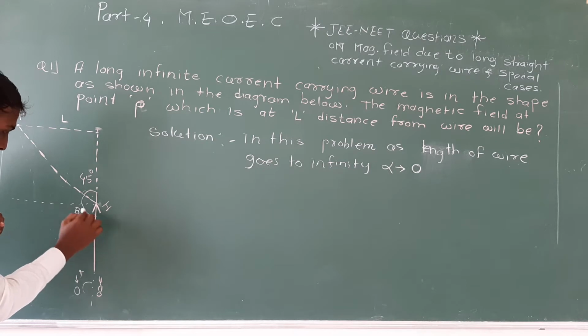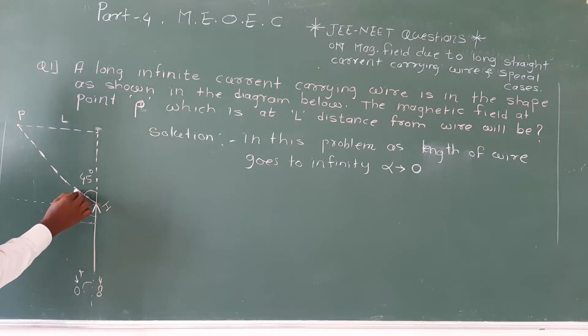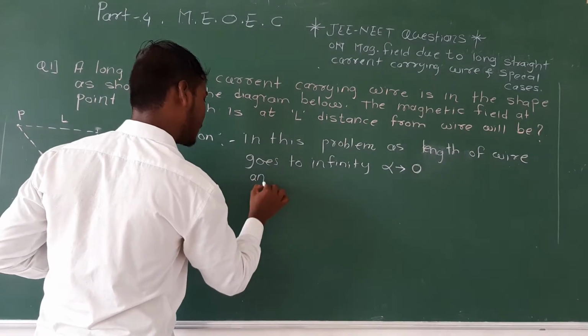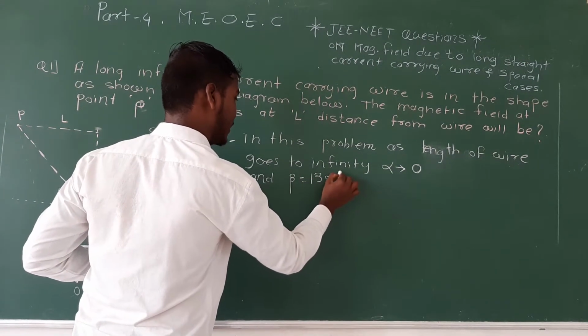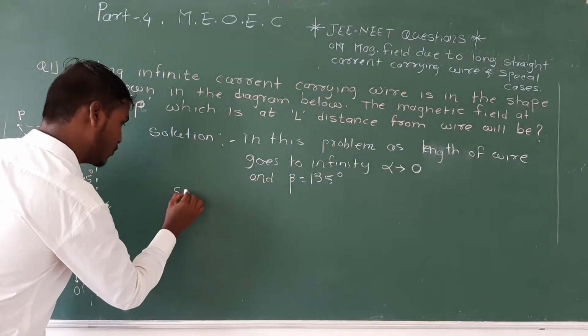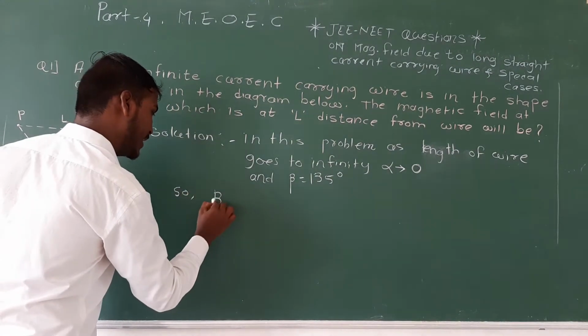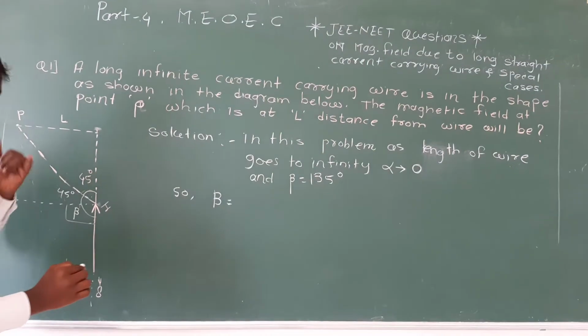If this is 90 degree, we want the remaining part which is the 45 degree. So 90 plus 45 is 135, and beta is equal to 135 degree.